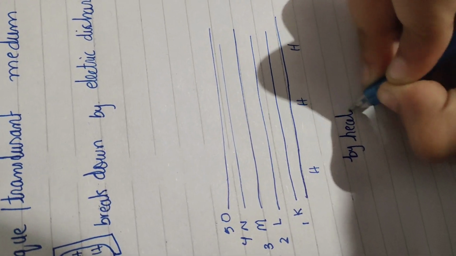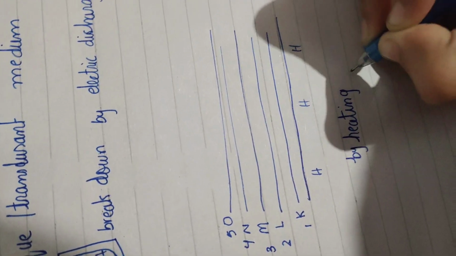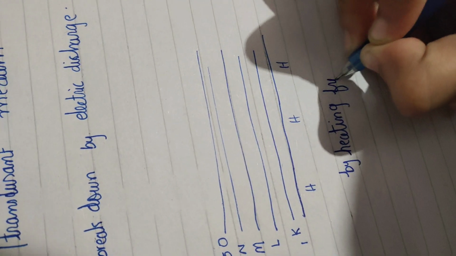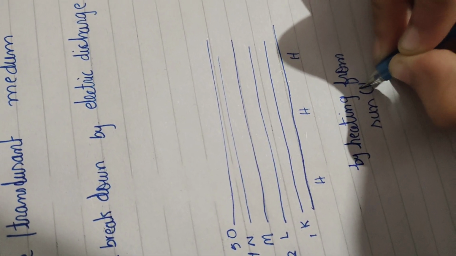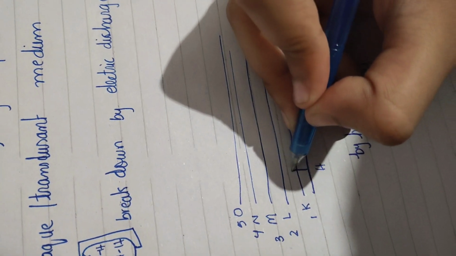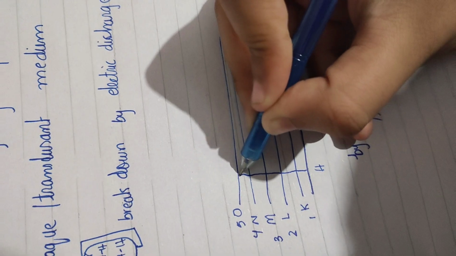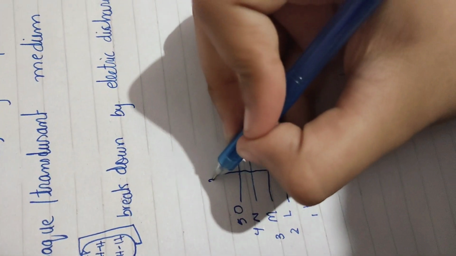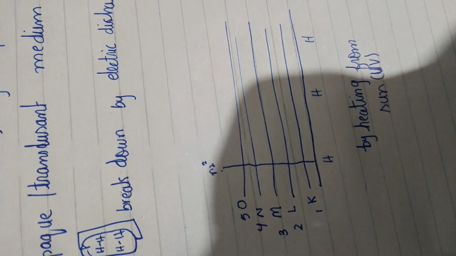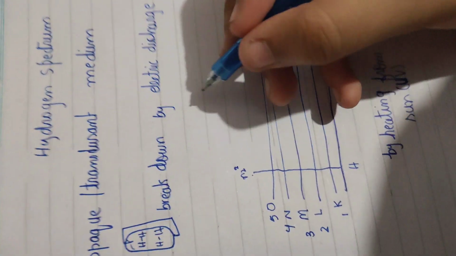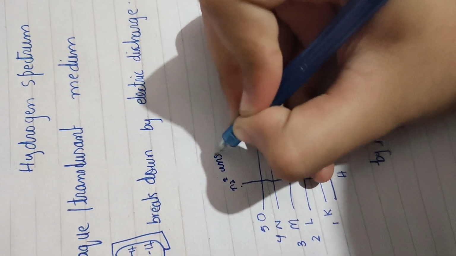By heating this hydrogen from the sun, or you can say UV rays, these hydrogen atoms will get excited and go up to an unstable position, that is n=2 and above, which is known as unstable.